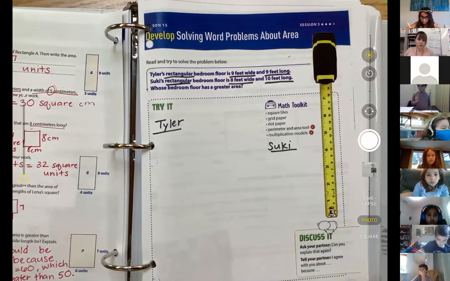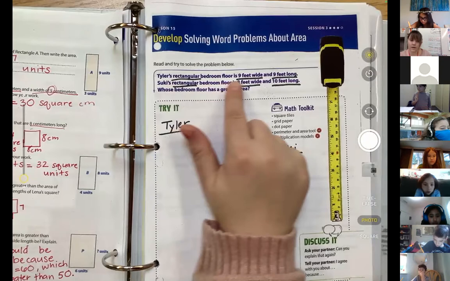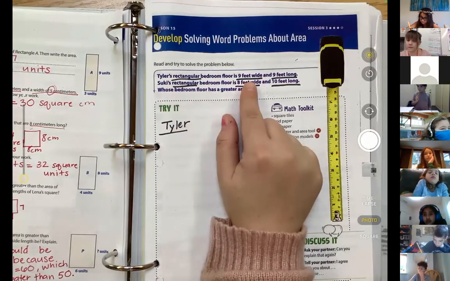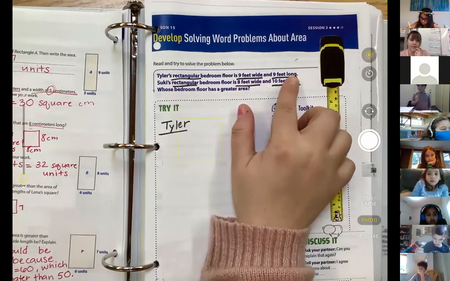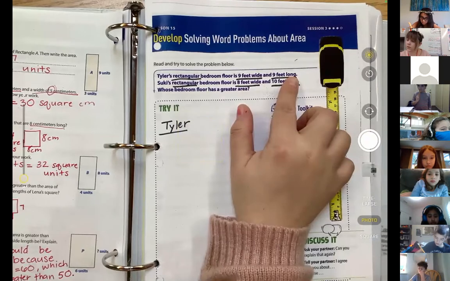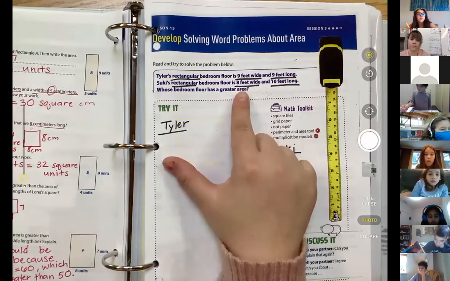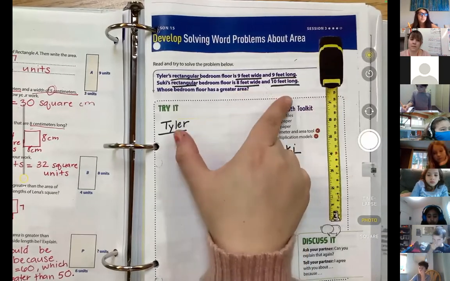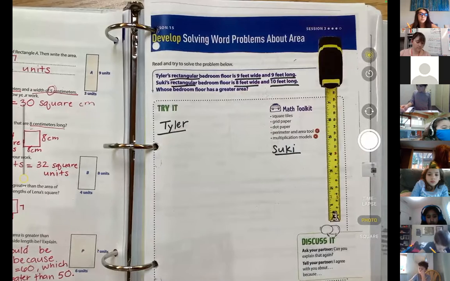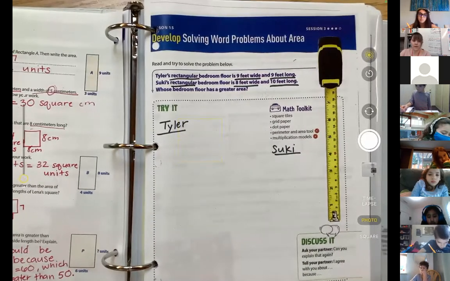So what do you think we should do? We got Tyler's bedroom, 9 feet wide, 9 feet long. And Suki's bedroom, 8 feet wide, 10 feet long. Whose has the greater area?